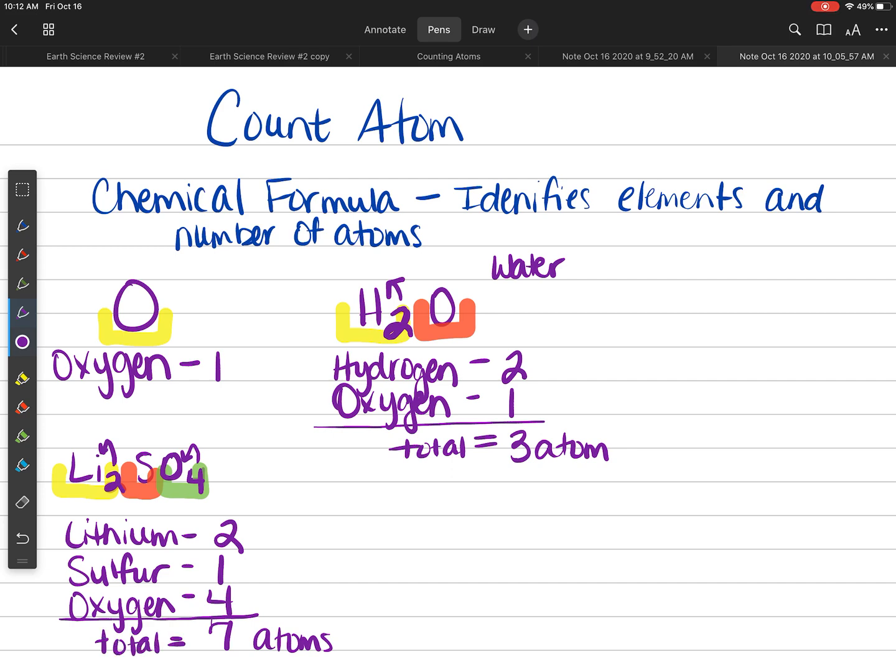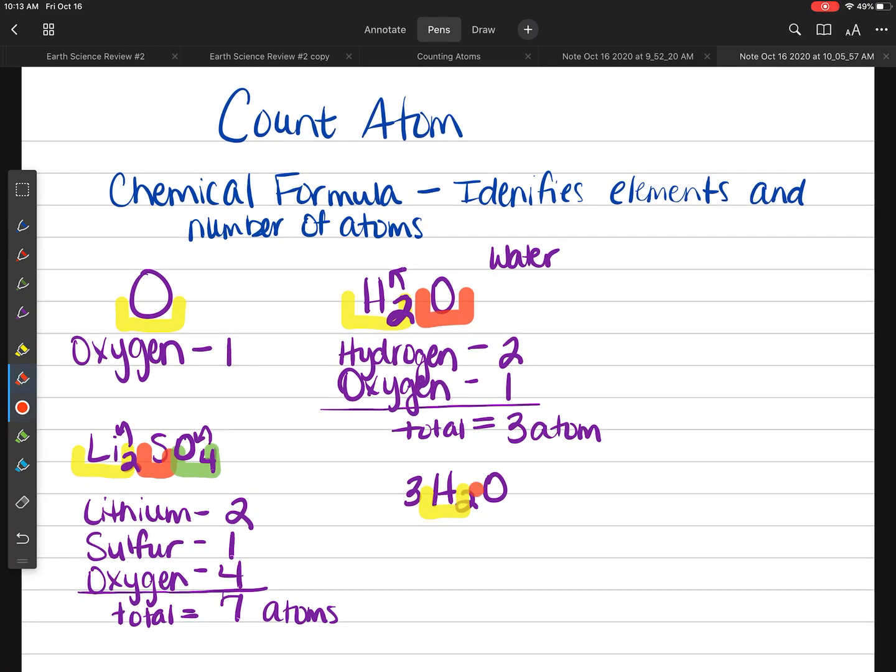All right, now let's do an example with a coefficient. So let's use H2O again, but let's say we have 3 H2O. Once again, let's identify our chemical symbols. We have H, we have O. We know that H is hydrogen. We know that O is oxygen. So now let's figure out how many.